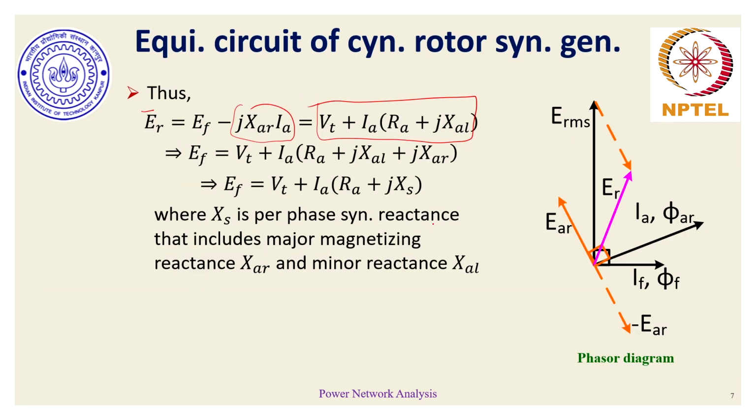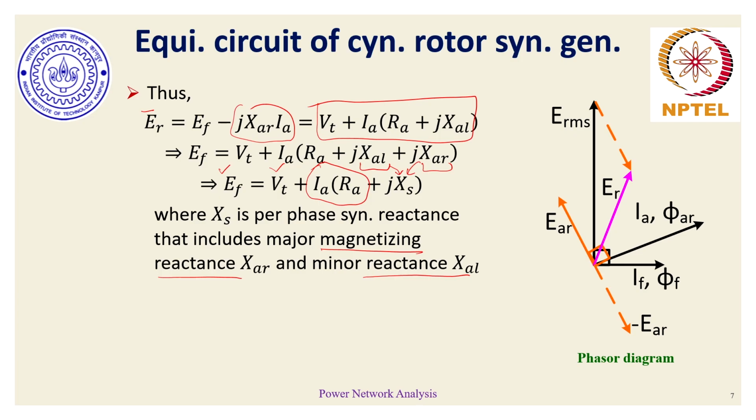So the induced EMF is the per phase terminal voltage across the synchronous generator plus the voltage drop across the winding resistance and the leakage reactance and magnetizing reactance. Together they can be combined as the reactance XS, which we call the per phase synchronous reactance, the combination of the magnetizing reactance, which is the major component, and the minor component, the leakage reactance XAL.